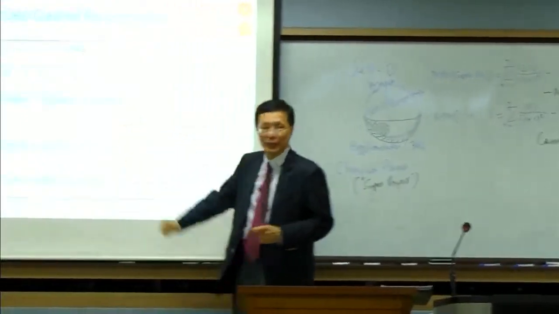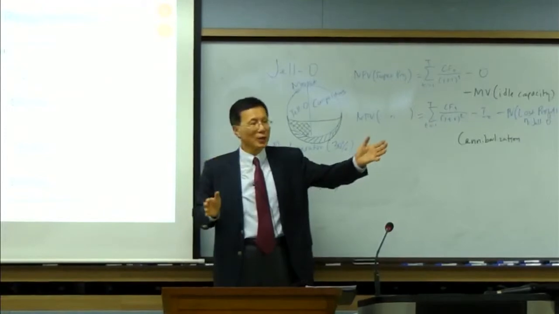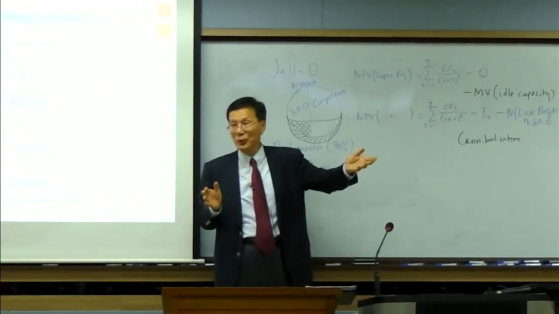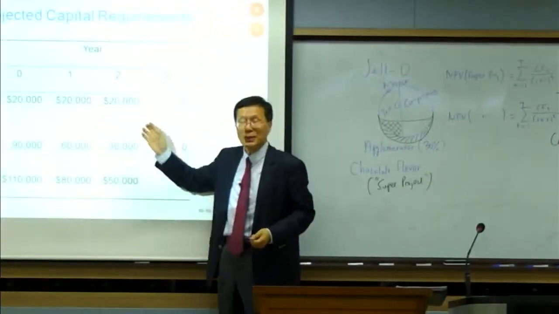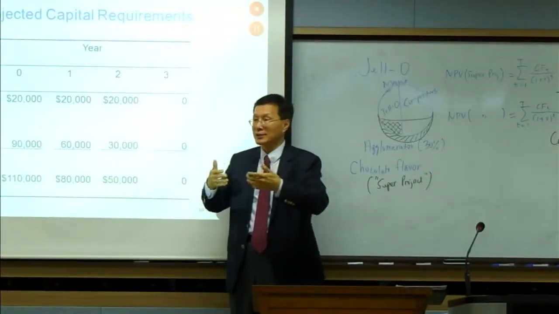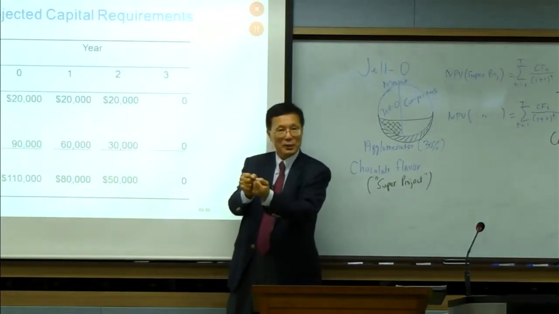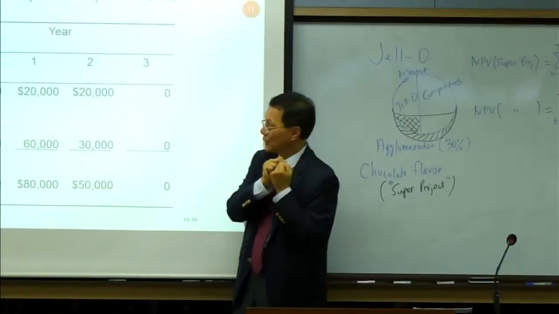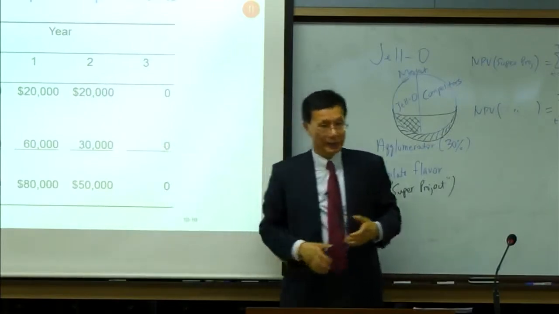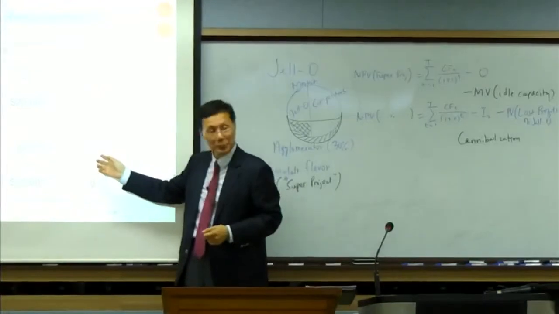And year 3, when the project is all over, you don't need net working capital anymore. So net working capital will be recovered. It will be collected. It's not going to be used anymore. So investment is reduced, and the money will be recovered into the firm. And the fixed assets will be fully depreciated away, so it will become 0.